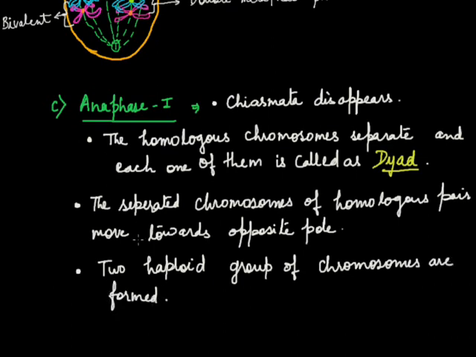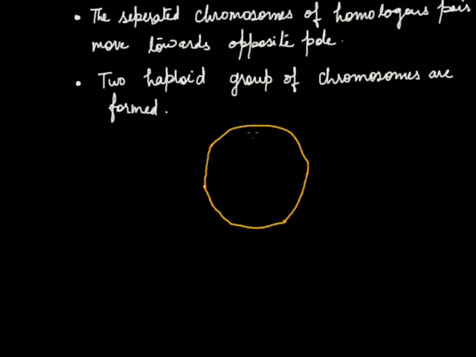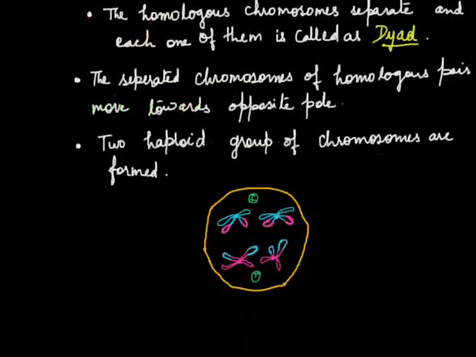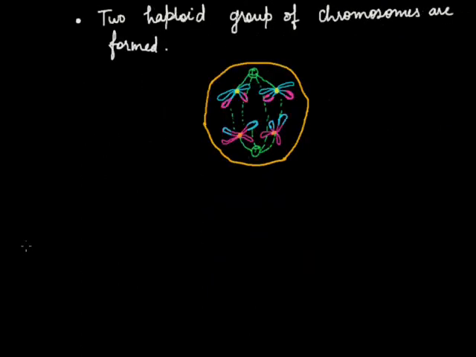Now we can see it diagrammatically here. The fourth step of meiosis 1 is telophase 1.